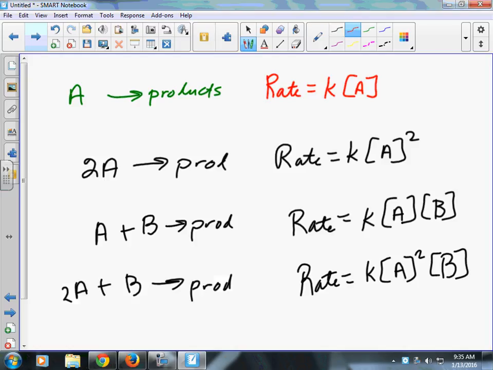How many reactive particles are here on this first one? So we call that step unimolecular. And how many here? Guess what it's called? This step is bimolecular.